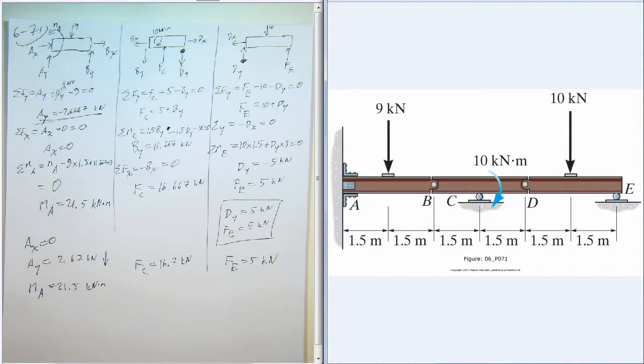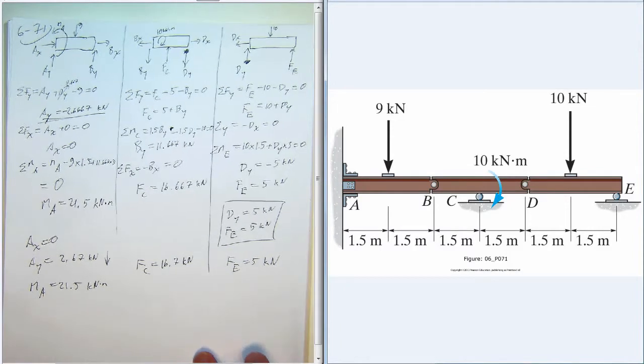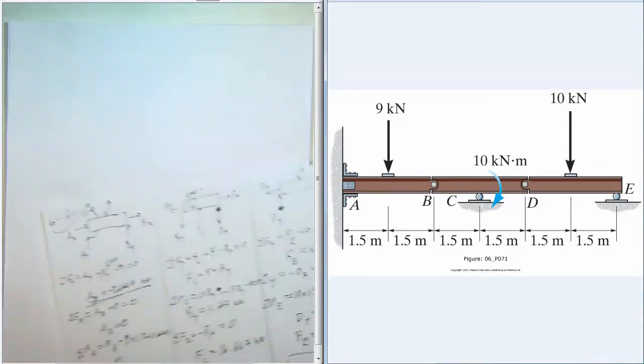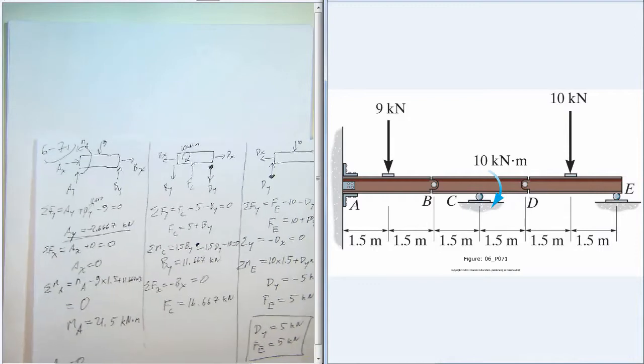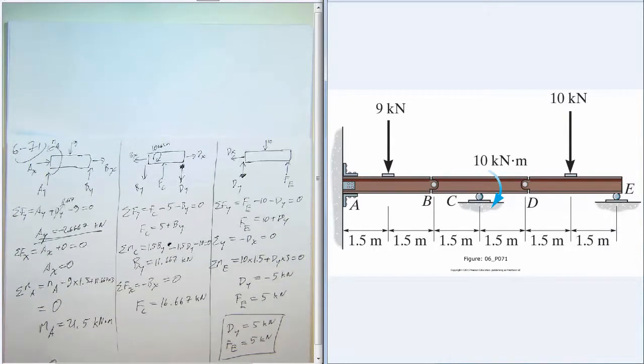So there's a fair amount of algebra involved with these because we have simultaneous equations to solve. And it's like 3 free body diagram or 3 rigid body equilibrium problems all rolled into one. So it can get a little bit long, but it's just straightforward things that we've seen before.